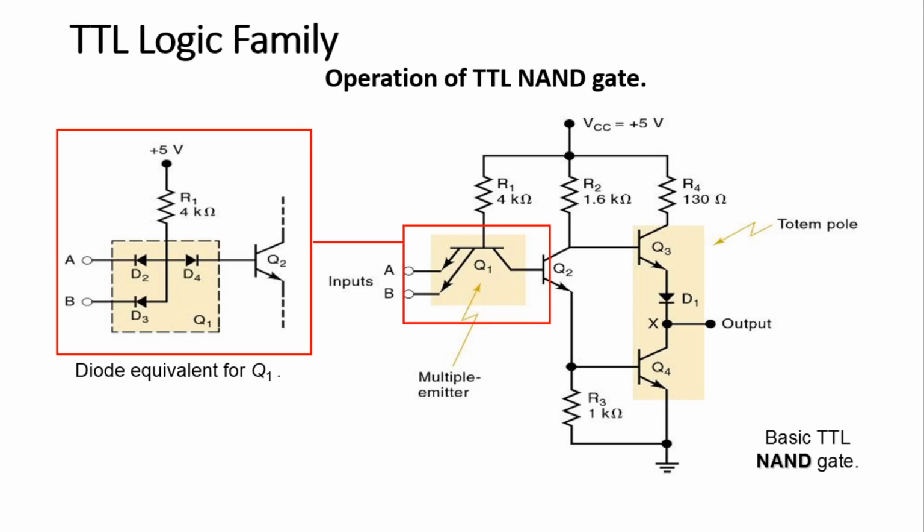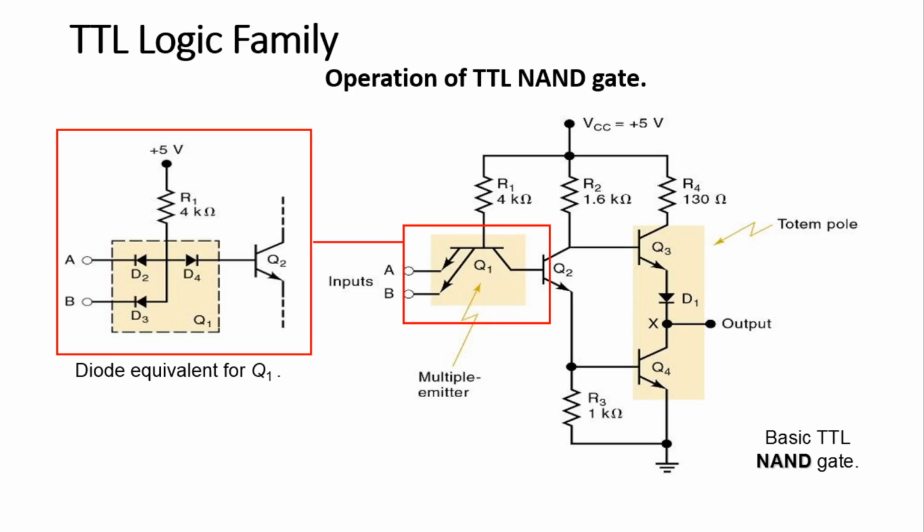Internally, they are connected to Q1 transistor. That's why it is called transistor logic. Here, this one is base terminal, this one is collector terminal, this one is emitter terminal of the transistor.